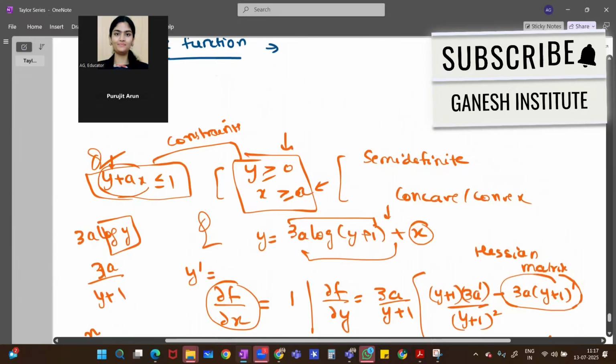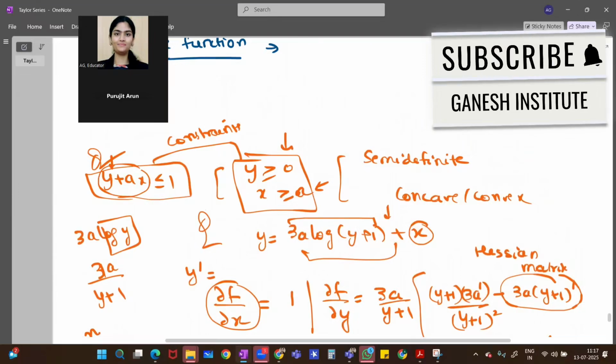If you consider anything and put it here, it is always less than 1. If you substitute any value, this linear combination gives you a value lesser than 1, right?